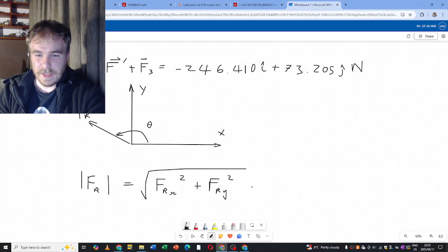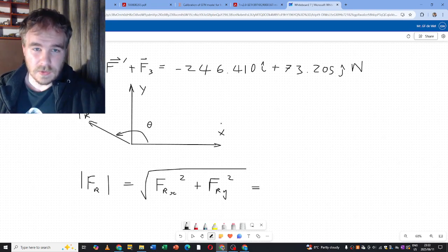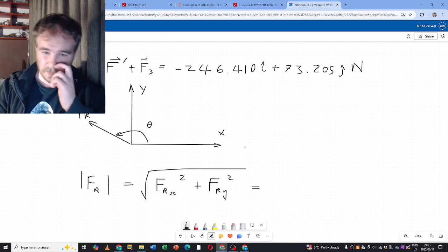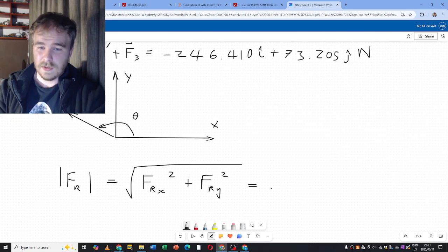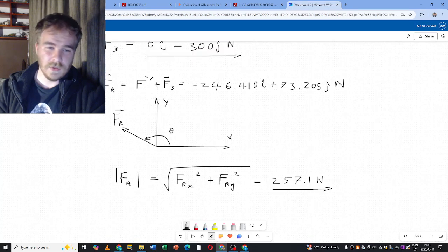And I'm not going to write everything out now, I'm just going to type it into my calculator. That should be 246.41, that's a 0 squared, 73.205 squared, and we get out 257.054, but I'm going to write that as 257.1 newtons. So this is the magnitude of FR.